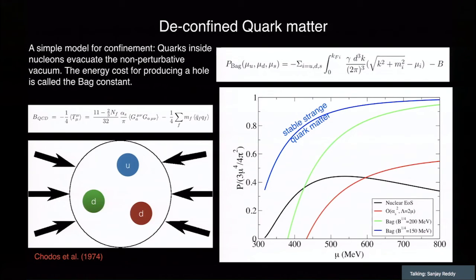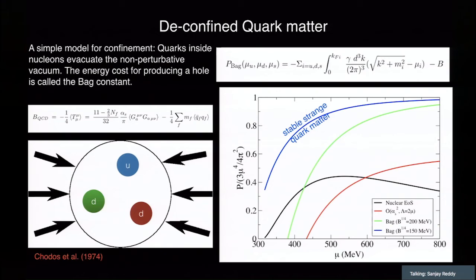So if you're at high density, you expect to have all 3 flavors of quarks, up quarks, down quarks, and strange quarks, and each of those quarks will have their own Fermi surface, an up quark Fermi surface, down quark Fermi surface, and strange quark Fermi surface, and these quarks are all in beta equilibrium, and you require them to be electrically neutral. And once you know that, you would know all the individual concentrations of the quarks. So you will have the Fermi momenta for all the 3 quarks at a given baryon density.